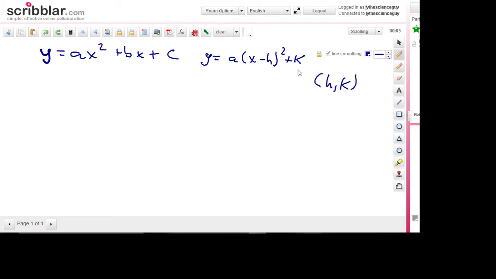And depending on whether this is plus or minus, if it's negative, then this is a maximum. If it's plus, then h comma k is a minimum.